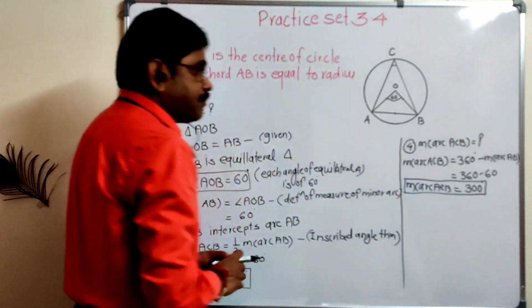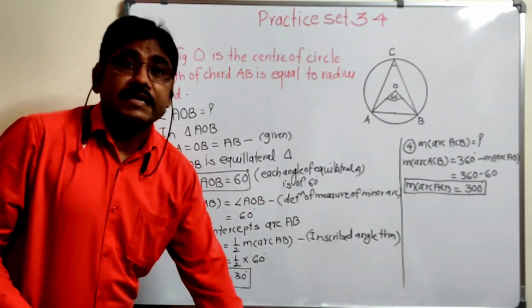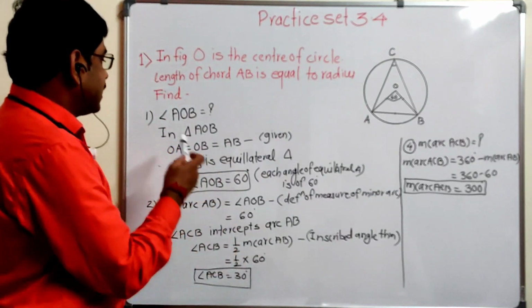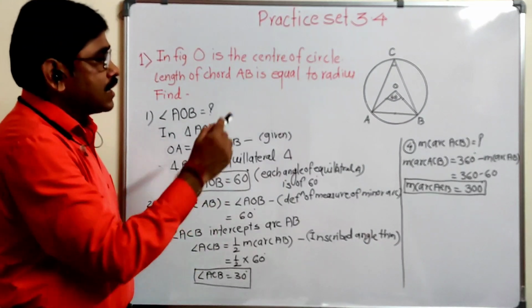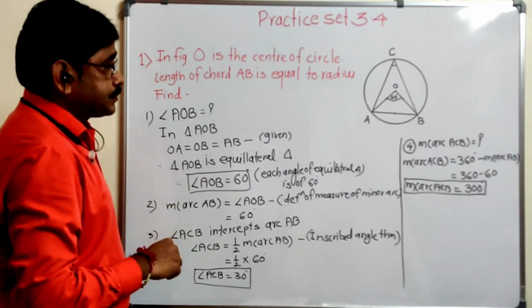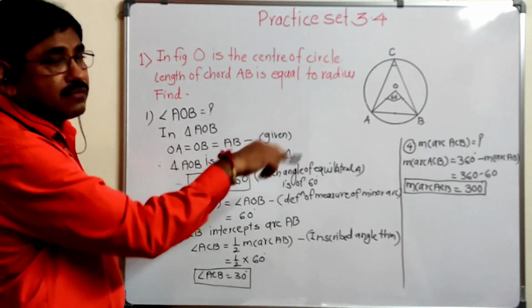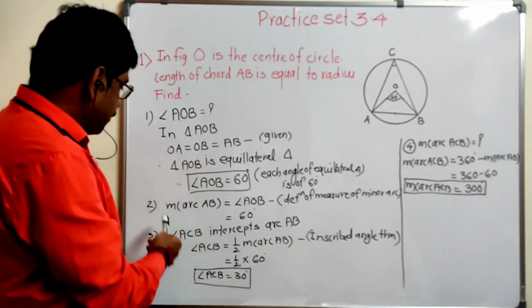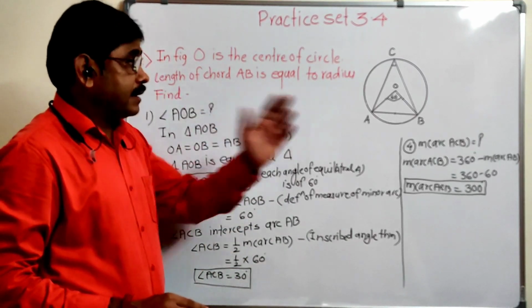So in this way, in this first sum, we can find the four things. First one, angle AOB, because triangle AOB is an equilateral triangle, therefore angle AOB is 60 degree. Then second, we have to find angle ACB. For that, find arc AB first. So arc AB is equal to the measure of its central angle, that is, angle AOB.